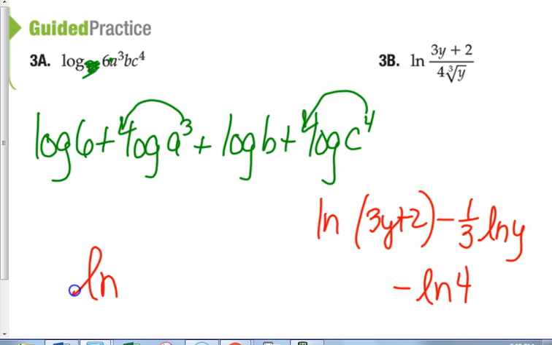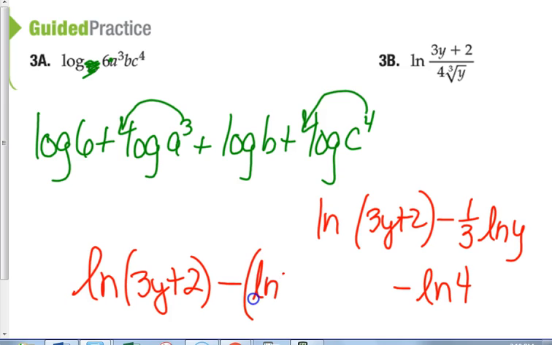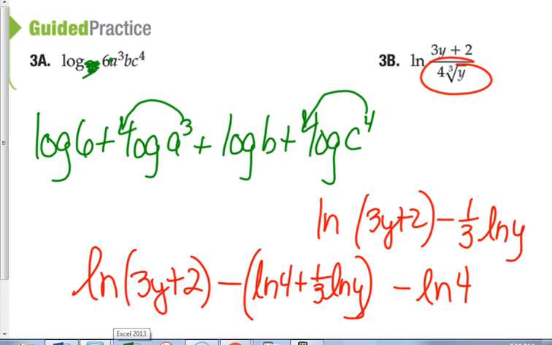Okay, so a lot of you would have forgotten and put a plus. And you could put a plus as long as you put in parentheses, right? Do you see where that would be okay? Because these are multiplied, so it's plus, but they're both in the denominator, so you need that minus or distribute it.